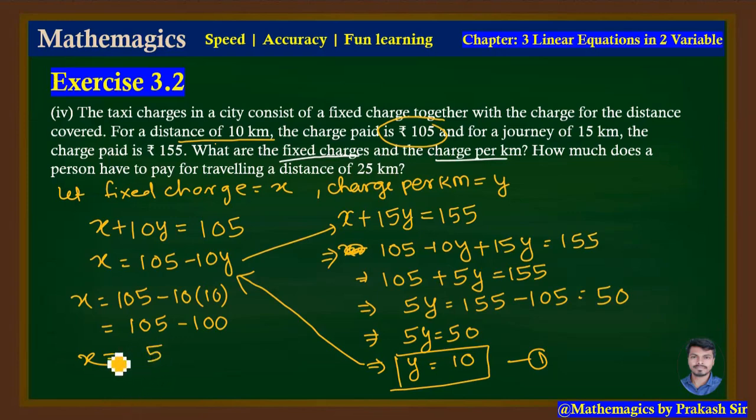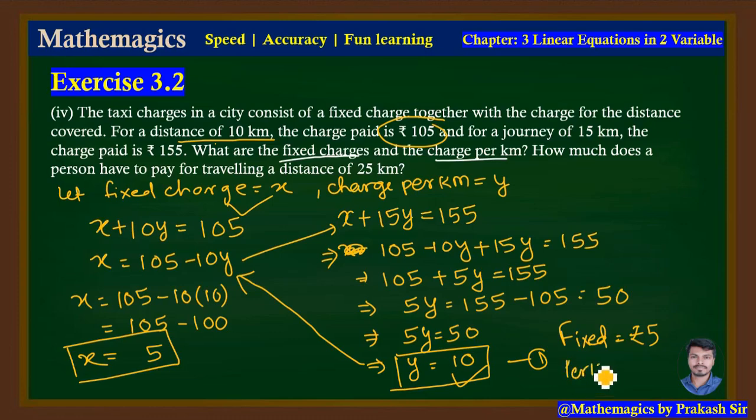So x is equal to 5, which we had taken for the fixed charge, and the per kilometer charge is y, that is y is equal to 10. So the fixed charge is 5 rupees and the per kilometer charge is 10 rupees. Dear friends, I hope we have understood this concept. Now we are moving forward to the next question.